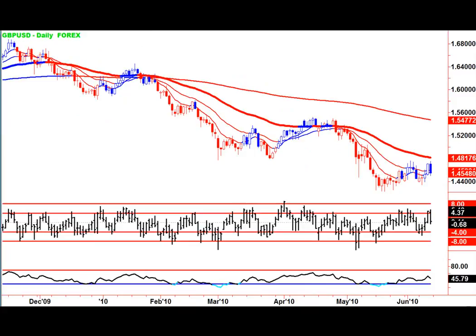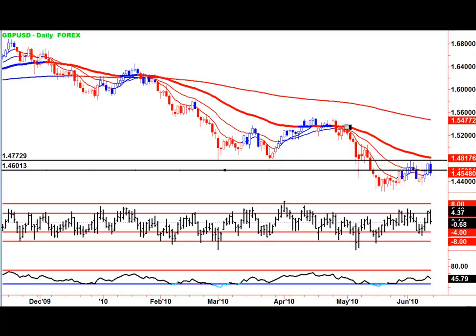Finally, let's look at the pound. It came off this major resistance up here and here. If we can get a pullback to the 20 EMA at 146, I think that would be potentially a good short.